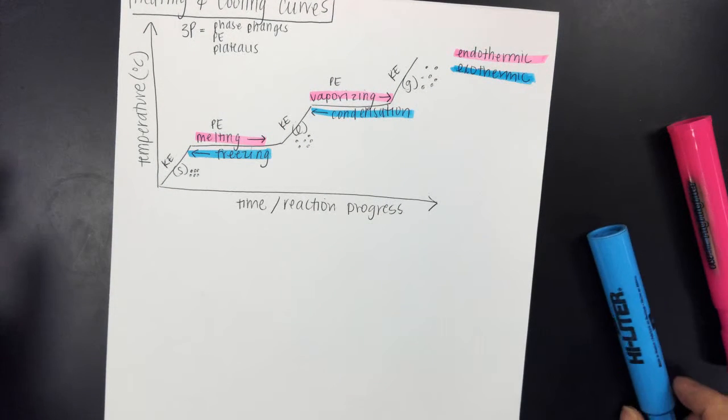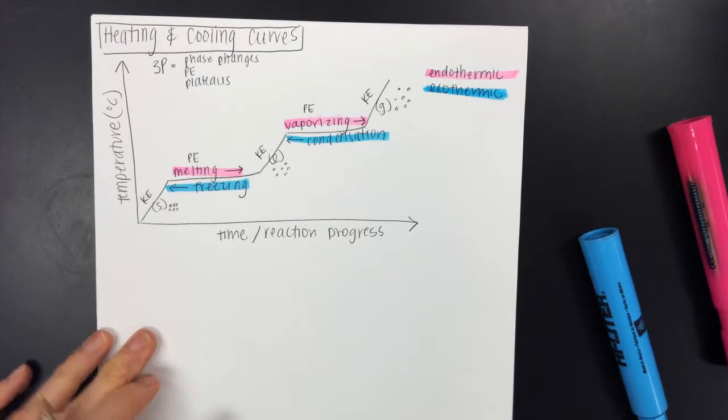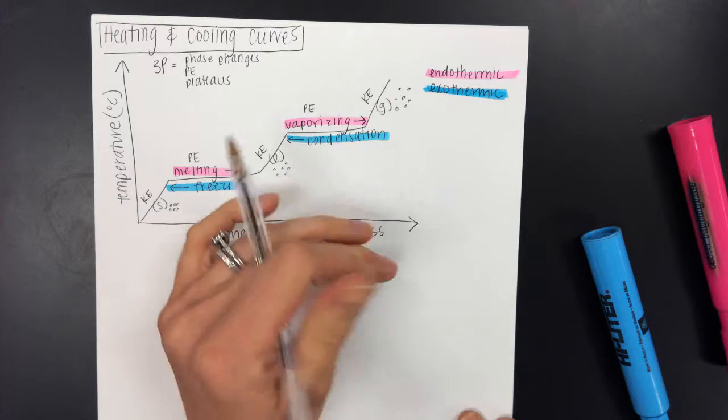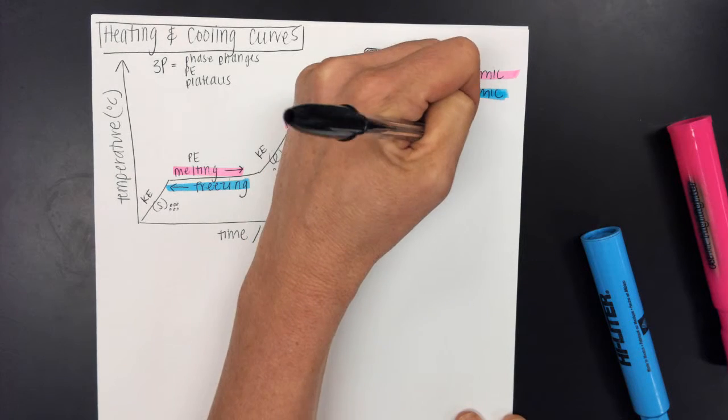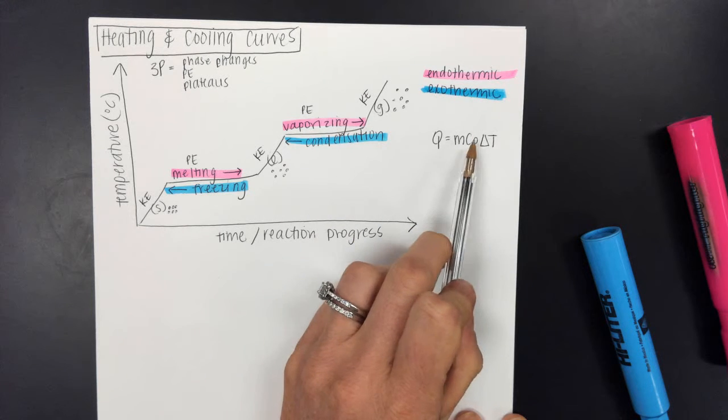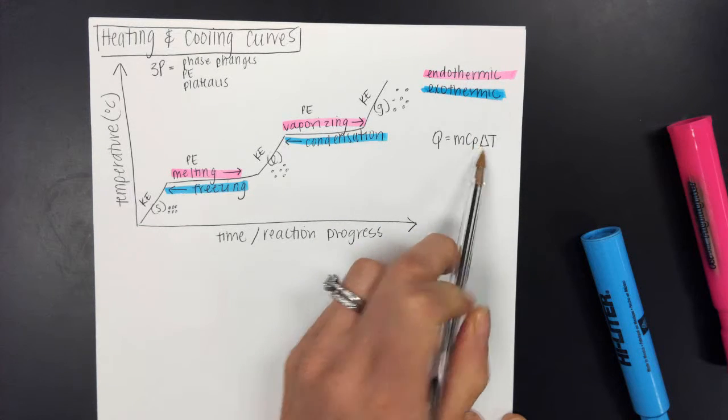So the 3 formulas that you can use to calculate that heat, or that change in your heat, are: Q equals mass times specific heat times the change in temperature.